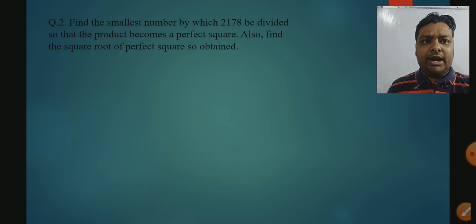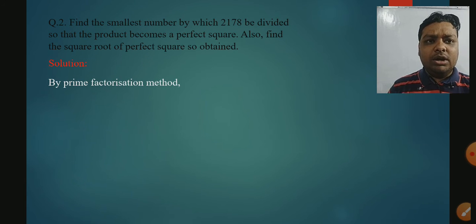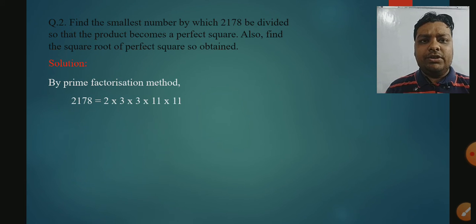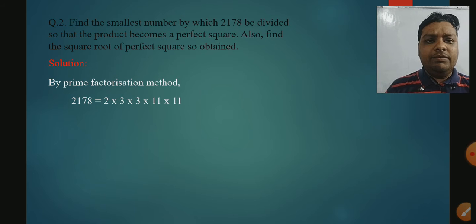Now again we will find the prime factors of 2178. The prime factorization of 2178 will be 2 one time, 3 two times, and 11 two times. Here you can see that 3 has a pair, 11 has a pair, but 2 has no pair, it is only one. It means it is extra in this number.